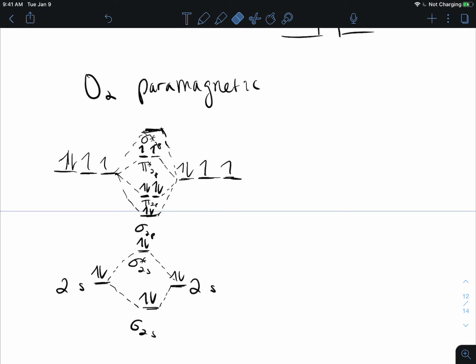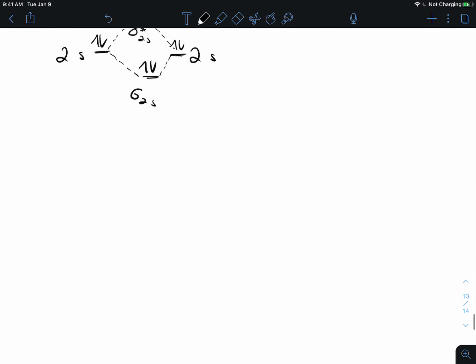And as you hopefully can see, we have two unpaired electrons because of Pauli exclusion principle and our Hund's rule, so paramagnetic species. Very last thing we're going to talk about in here, finally, is a heteronuclear diatomic molecule.